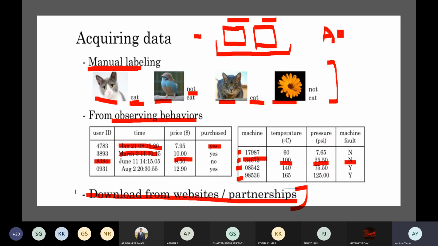If you have heard about AMT, AMT stands for Amazon Mechanical Turk. The company gives the data set to them, and they themselves annotate the data and give it back to the company.